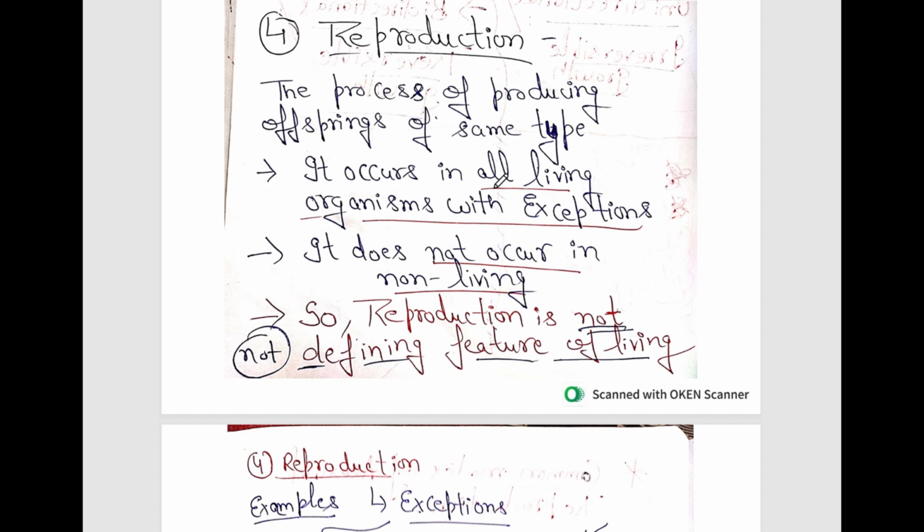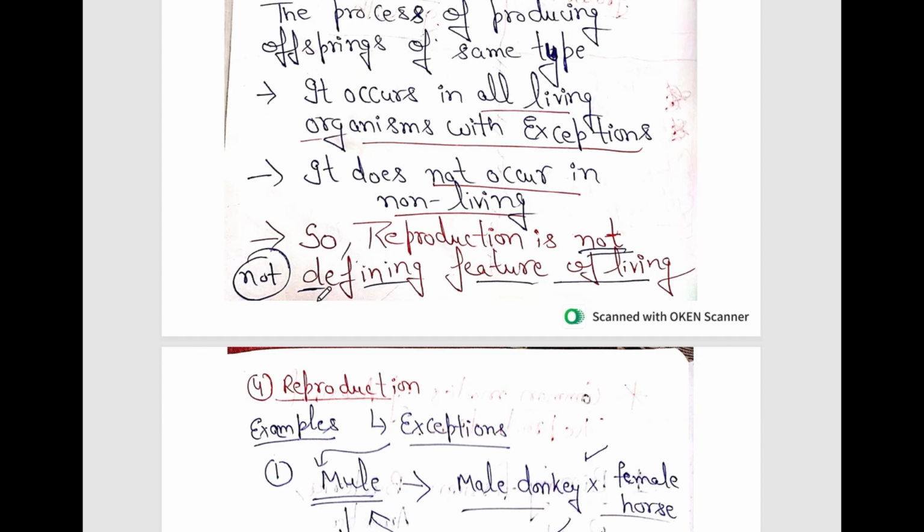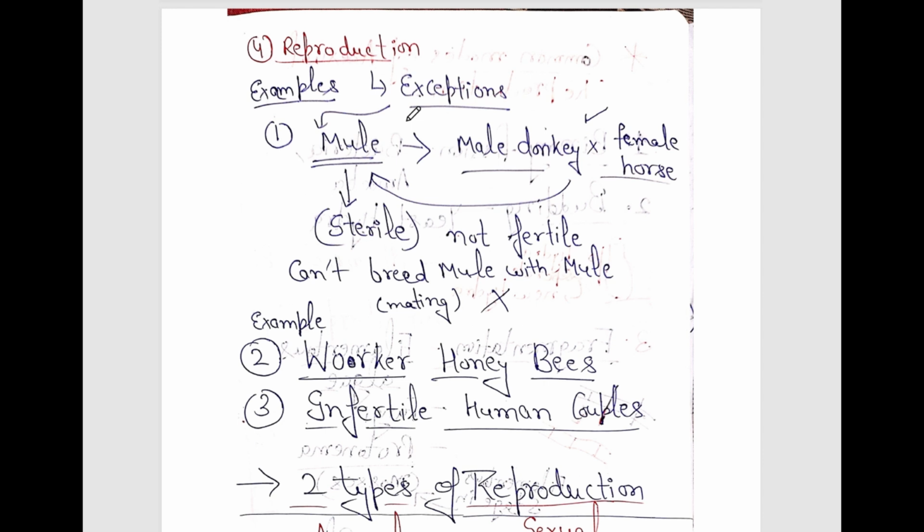It does not occur in non-living things, but there are exceptions. So reproduction is not a defining feature of living. Example of the exception: a mule. A male donkey crossbreeds with a female horse to produce a mule, but the mule is sterile, not fertile; you can't breed a mule with a mule.